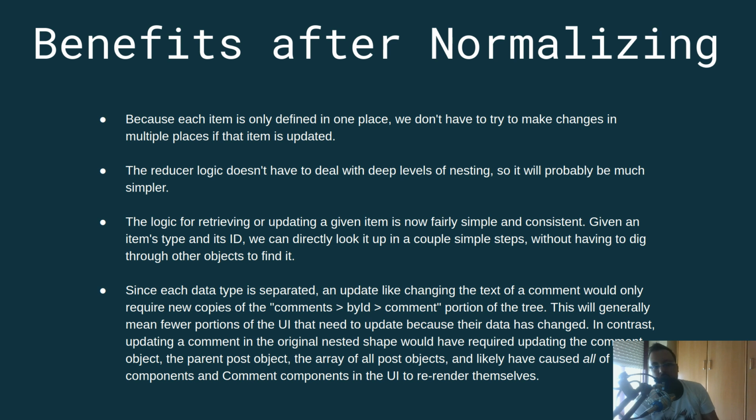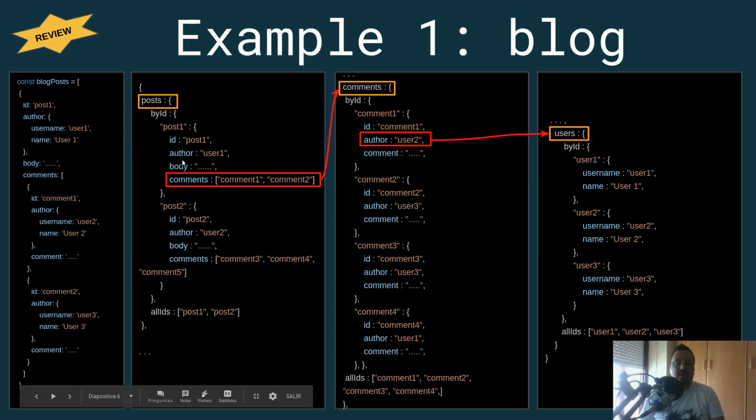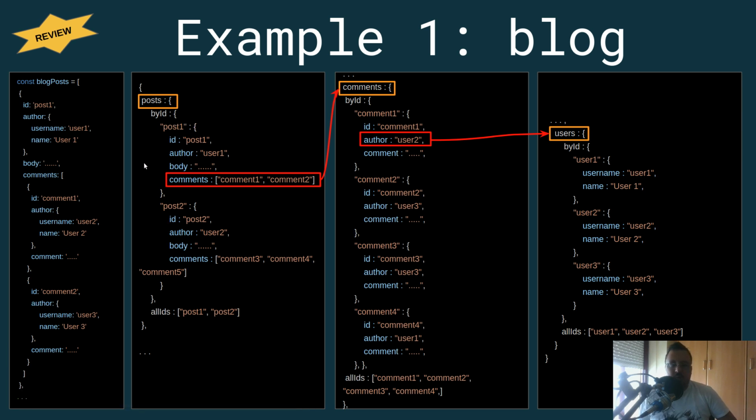Okay, now if we reference, for example, in the previous example, imagine a place where I'm showing the post body and also the title, and the author, and we retrieve the username to show the name of the user, but we are not showing the comments. Maybe we are showing the number of comments, but not the comments themselves in that view.